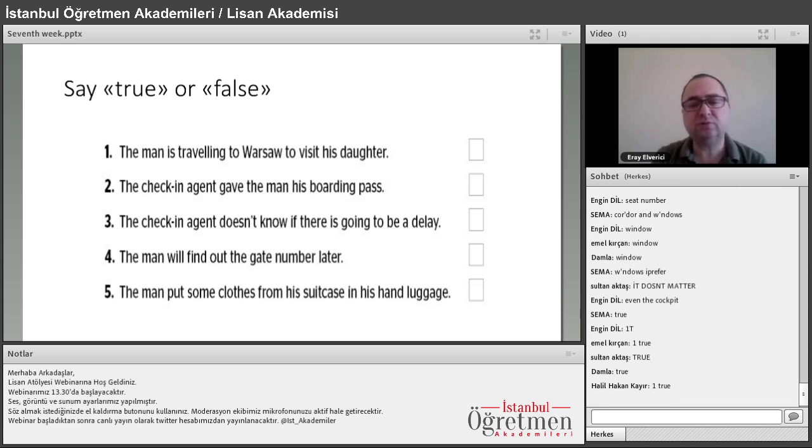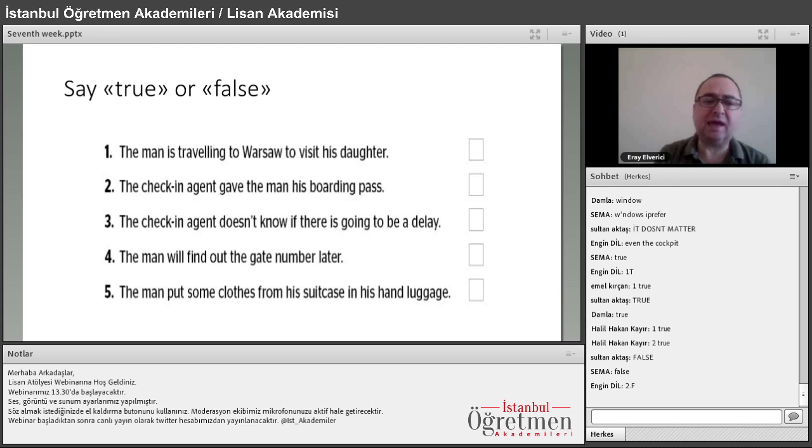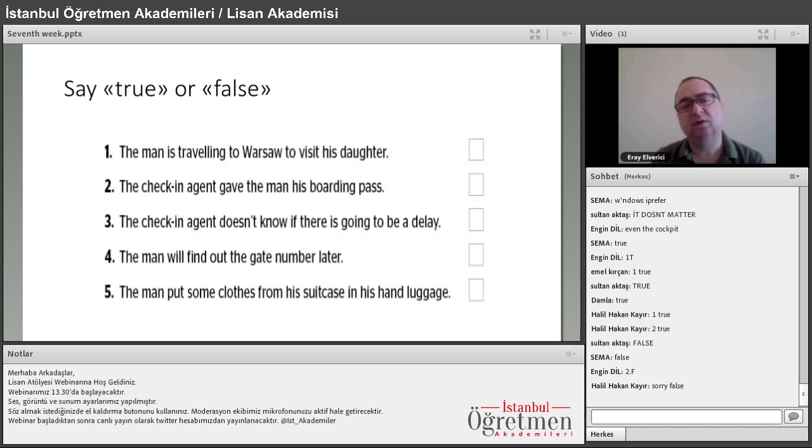Okay, number two. The check-in agent gave the man his boarding pass. It should be false, the vice versa. The man gave his boarding pass to the check-in agent. Yeah, Halil Hoca. Okay, number three.